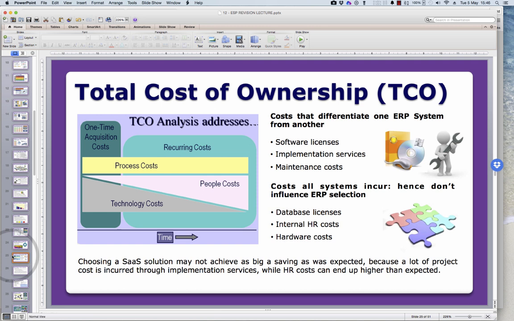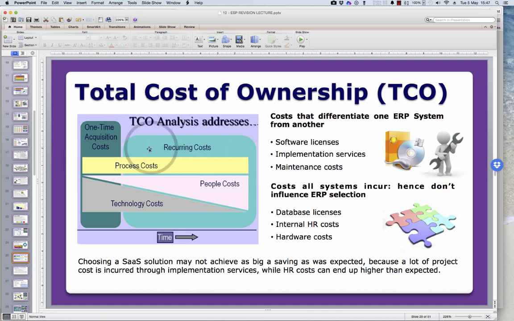With any project, you're going to have a certain total cost of ownership, TCO. So this diagram here shows you a kind of breakdown of where the costs are happening. So you have some one-time acquisition costs that happen at the beginning of the project. That may be equipment you've got to buy, hardware, software. It could be plant and equipment, production tools. You will have certain process costs that will be the same all the way through the process being run.